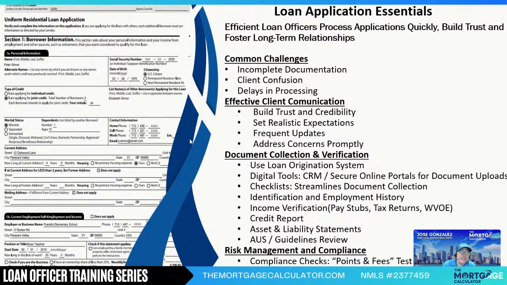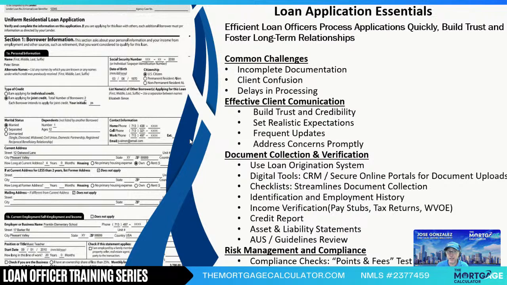And this leads us to the challenge of incomplete documentation, to our document collection and verification recommendations here, right? First and foremost, use a loan origination system. Now, we're lenders, so as lenders, we use Encompass, but there's many other loan origination systems out there.